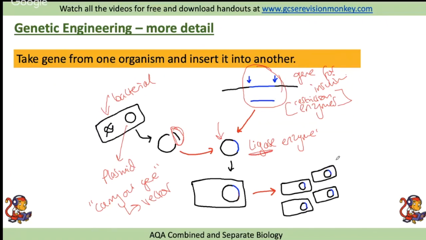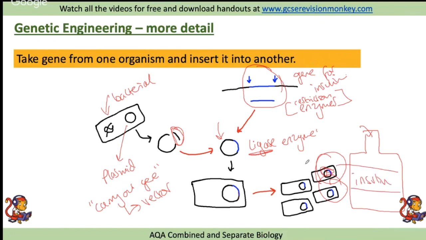So what the scientists can do is allow this to replicate at a rapid rate and then purify it so that you end up with a nice bottle of insulin produced by that gene that you can then sell for insulin injections for type 1 diabetes, for example.